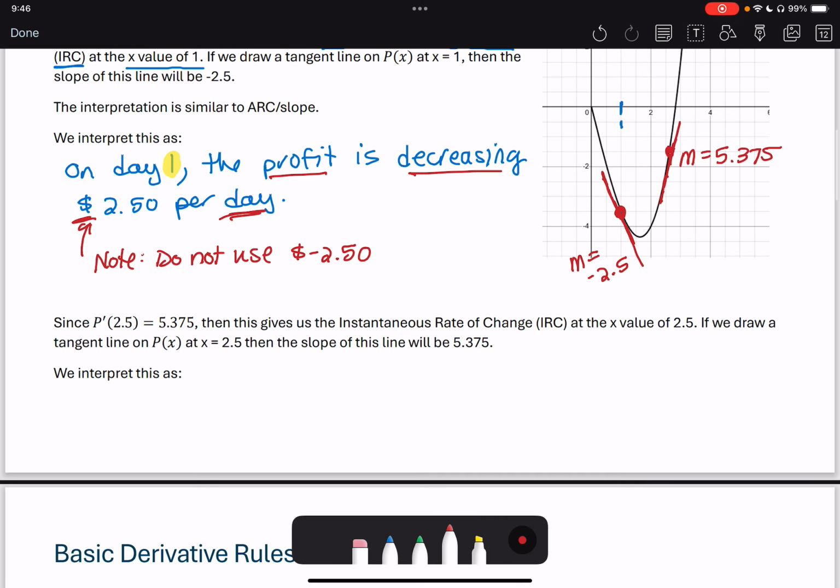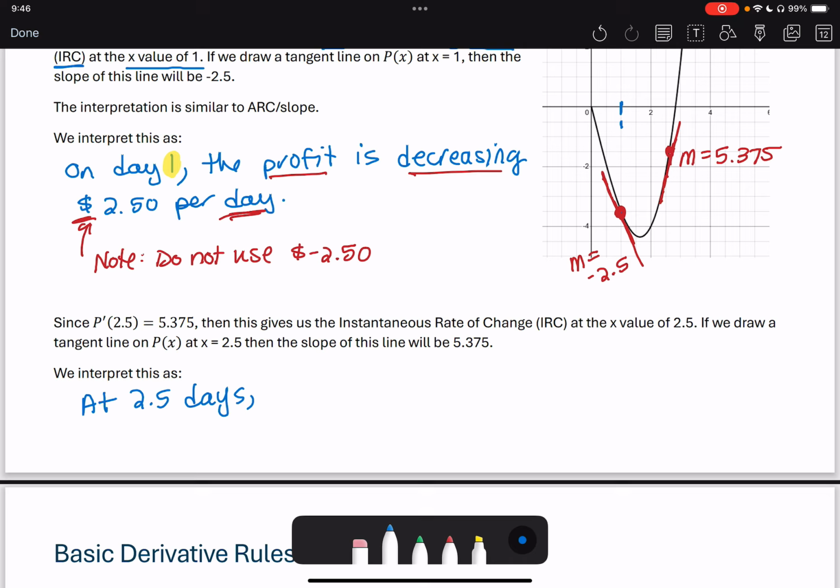And then when we interpret this, we're going to say at 2.5 days.